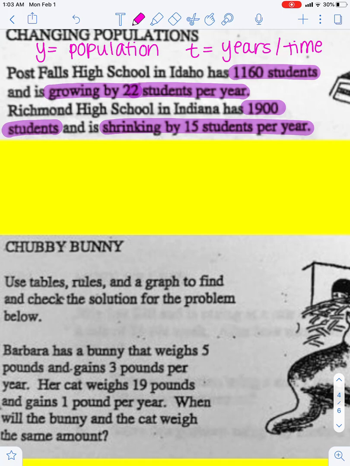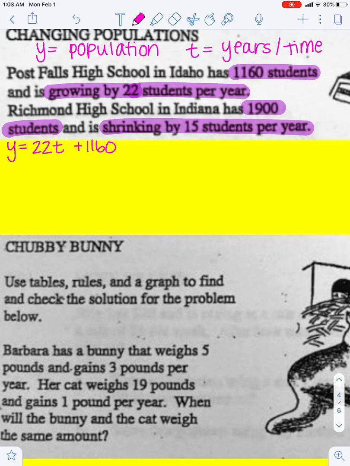So for Post Falls, I know that Y, or my population, is equal to 22 times the years plus that 11,600 they already have.